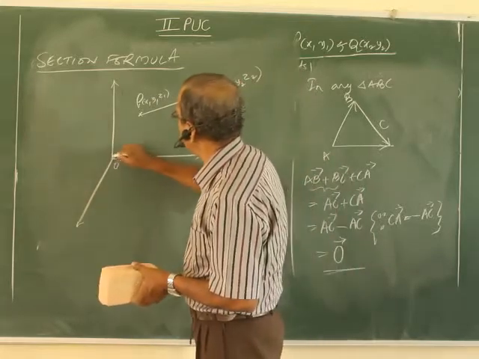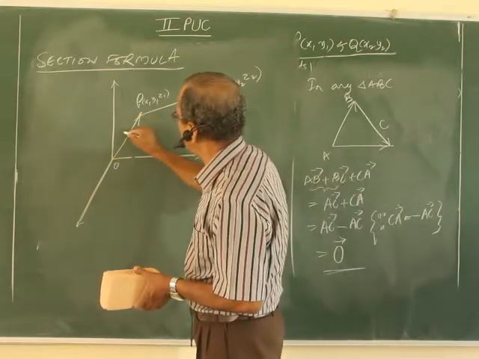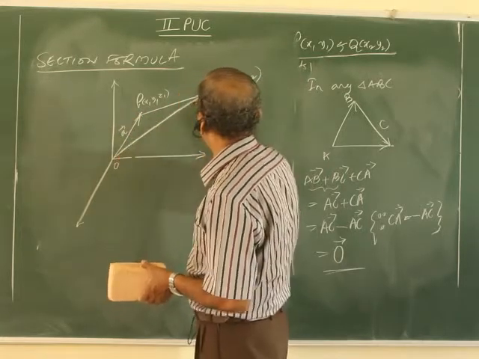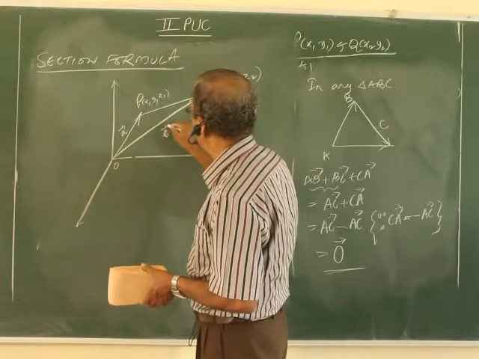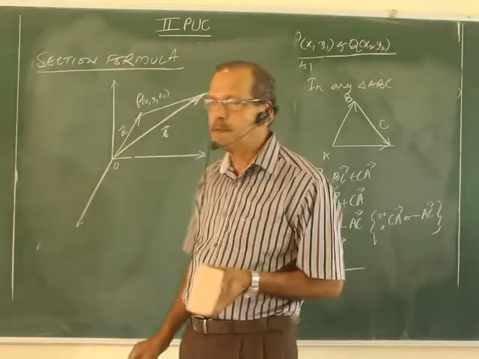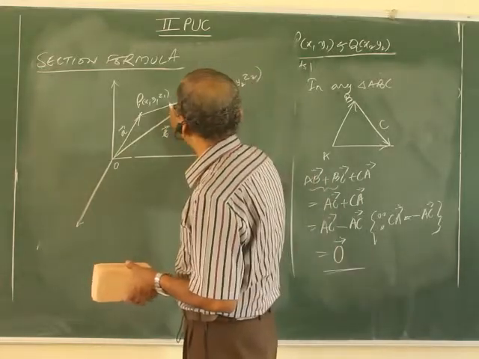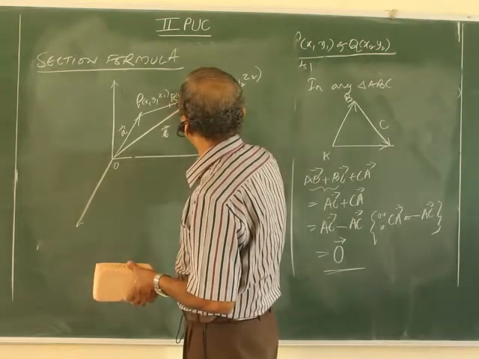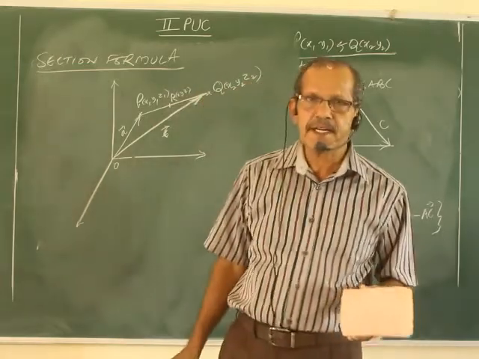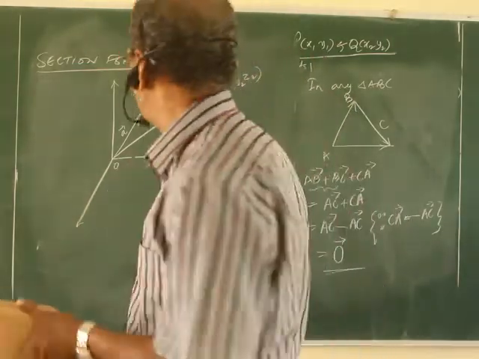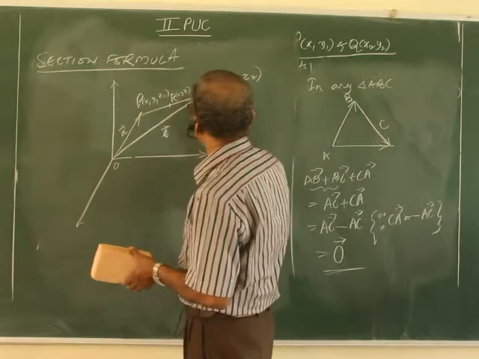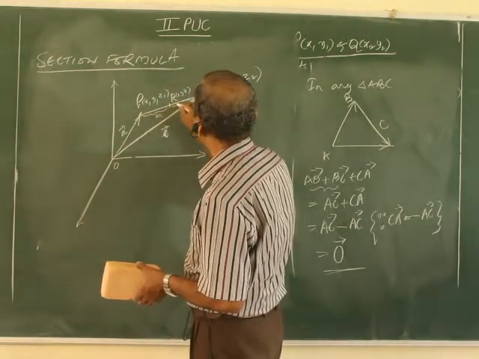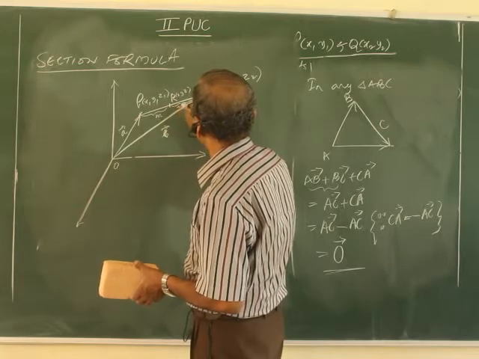Immediately you can write the position vector of one point as A, and the position vector of the other point Q as B. Now the section formula means finding the position vector of some point R(x, y, z). R divides PQ internally in the ratio m is to n.